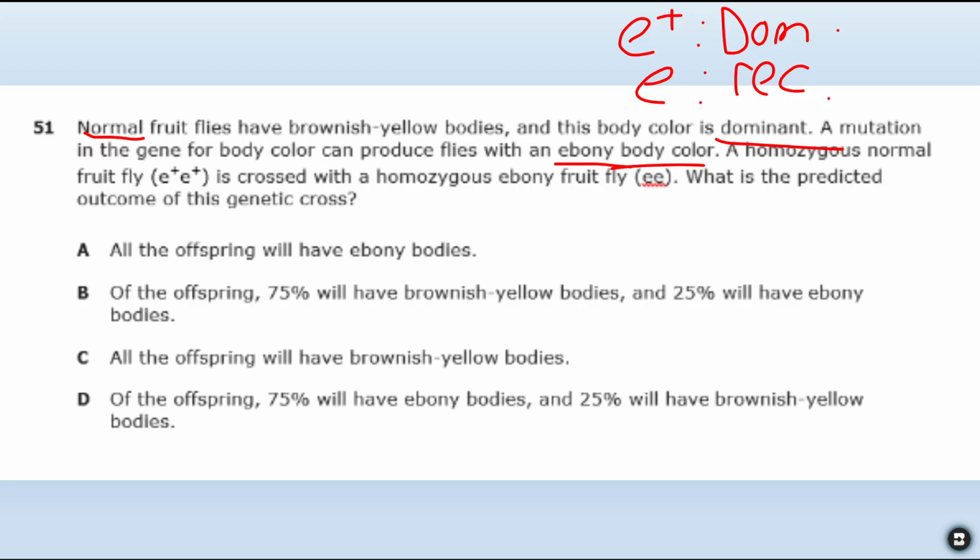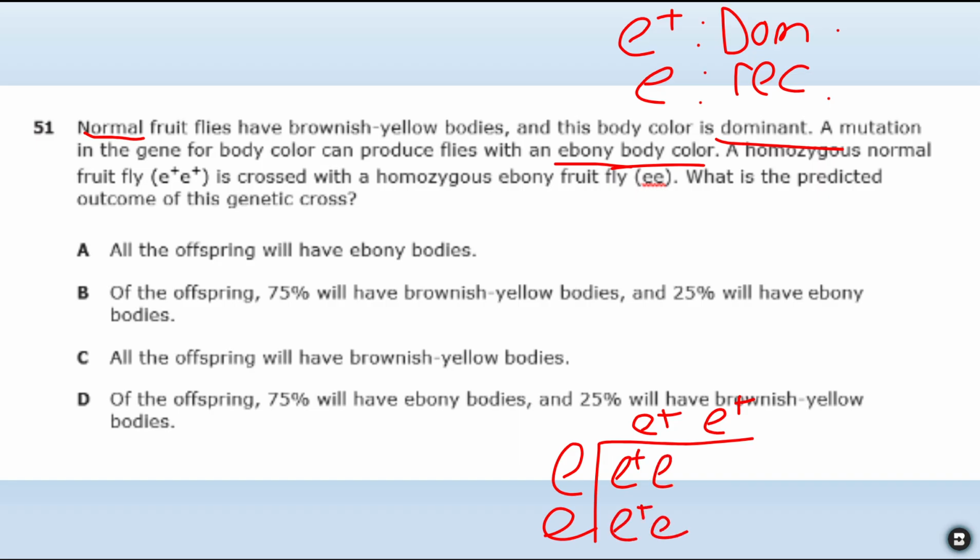If we were to do a cross, we're going to have E plus E plus cross with little e, little e. So here's our E plus e, E plus e. Pretend these are boxes here.